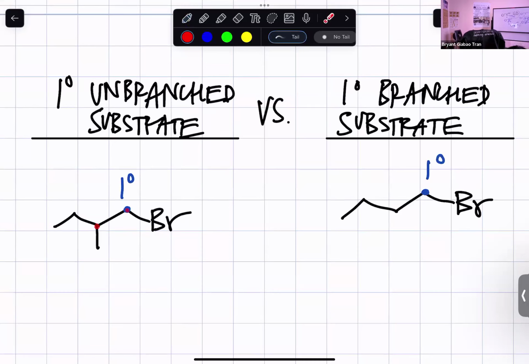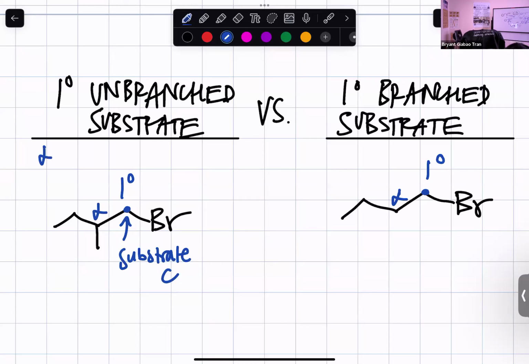But if you look at the carbon adjacent to it, that carbon is branched, meaning that it has more than one branch attached to it. Another way you can think about it is that this is the substrate carbon, and this is going to be called the alpha carbon, the first carbon coming off of the substrate carbon.